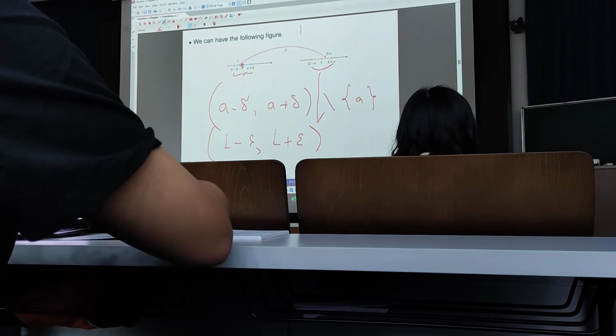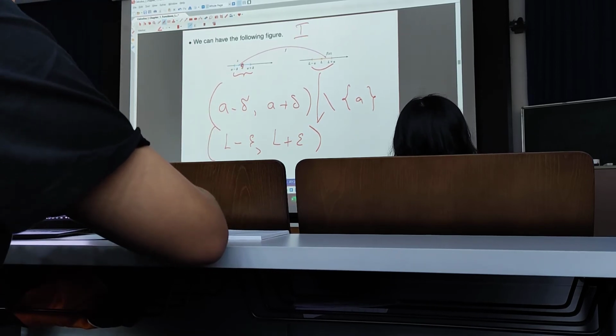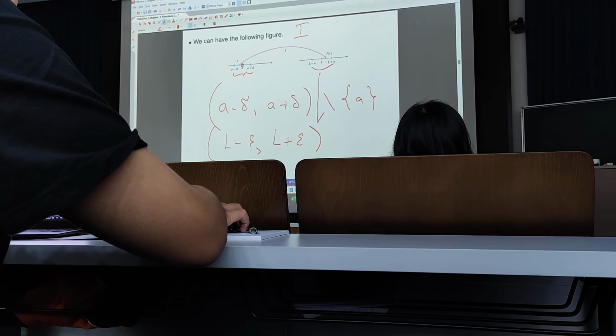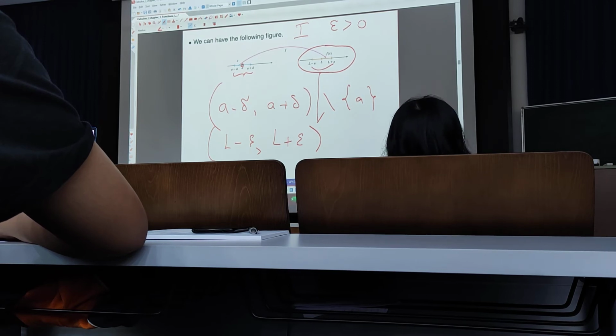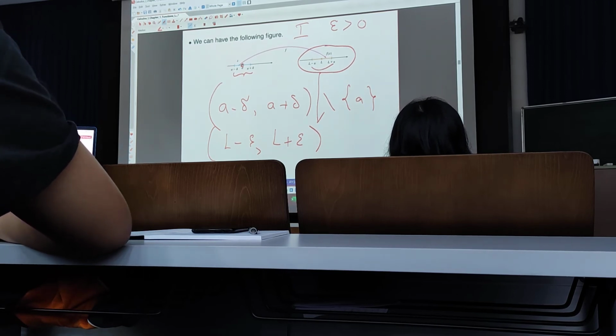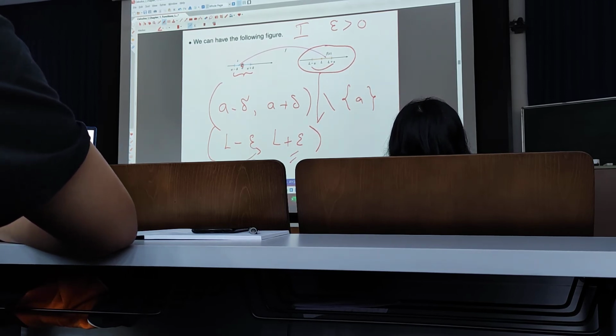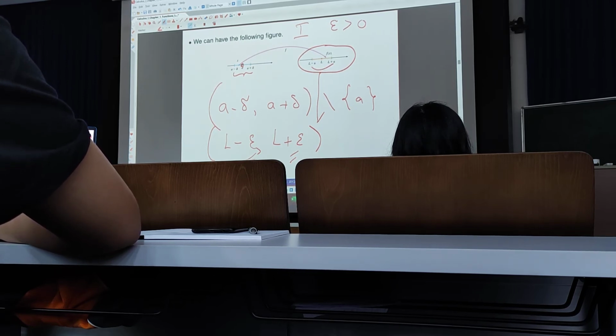The first player gives an arbitrary positive epsilon, which means the first player gives the neighborhood of L with the radius epsilon. Then he goes out to have a drink.